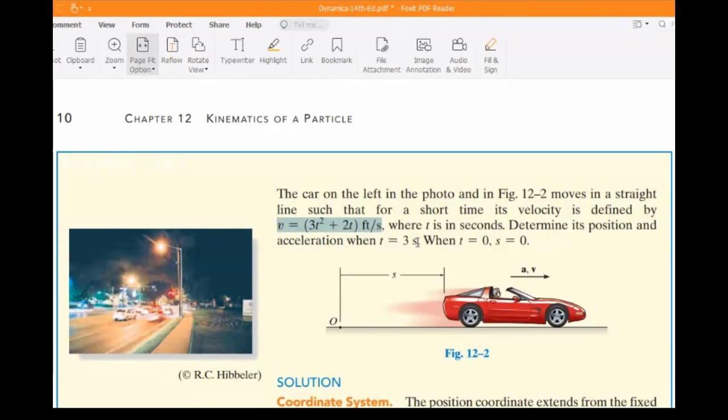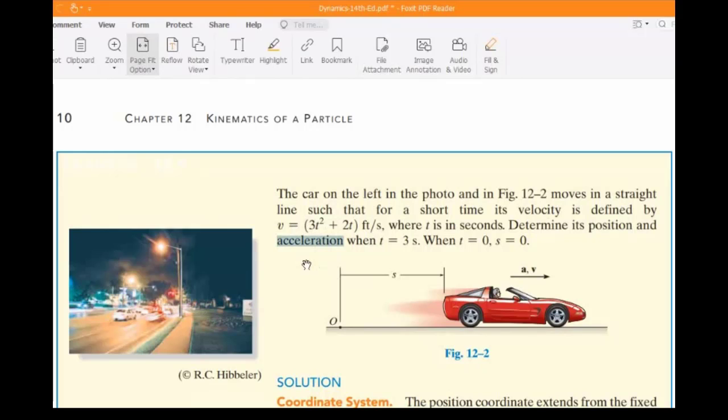So now, is the position known or unknown? Unknown, sir, because that is what we are determining: the position and acceleration. Both are unknown, because we don't know the acceleration as well. So is it possible to use the constant acceleration equations?